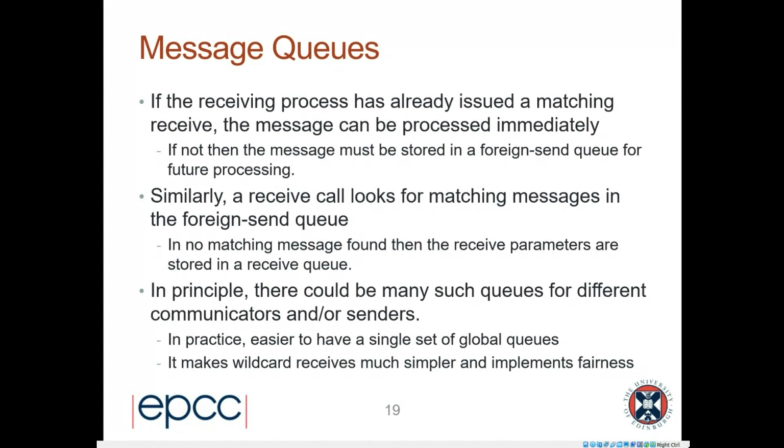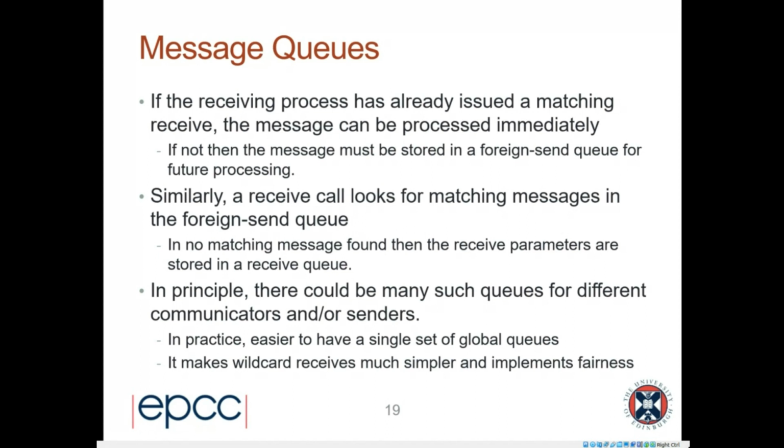There could be lots of such queues for different communicators or senders, but typically we have a single set of global queues. Now that is a performance bottleneck, as you can imagine, on very large systems where you have millions of MPI processes. These queues can get huge because they have to be able to store messages from lots and lots of people.